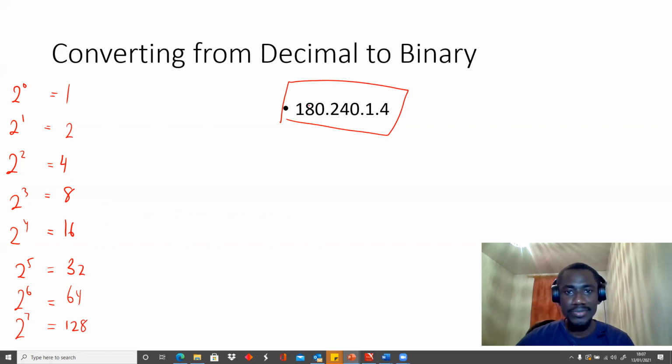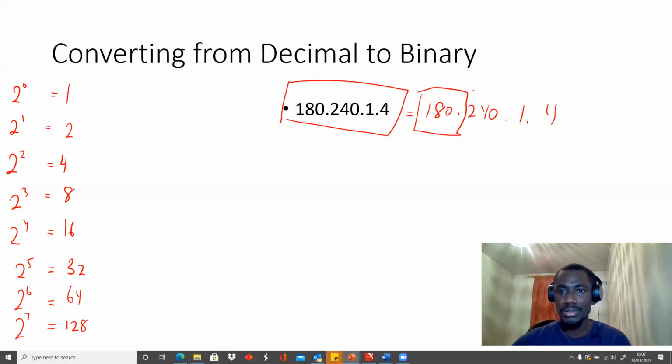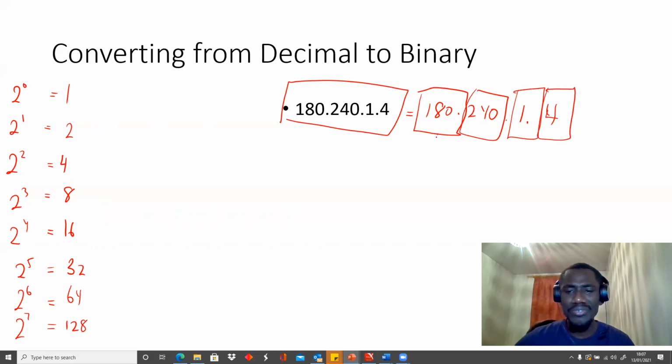All right, there's one more thing we have to discuss here. Every IP address, for example, what we have on our screen, which is 180.240.1.4. We said this is made up of 4 numbers. What it means is that every number can be divided into a binary. So we say that every box represents a number of binary digits.